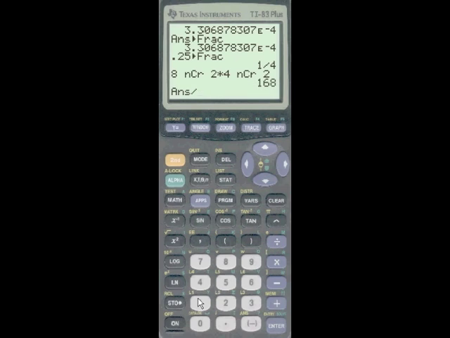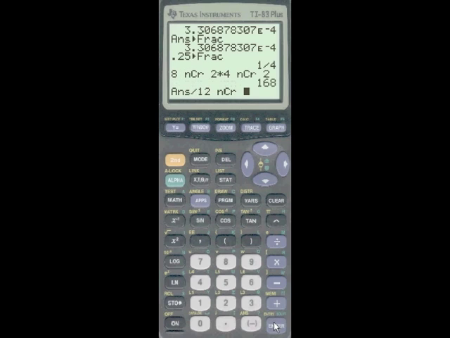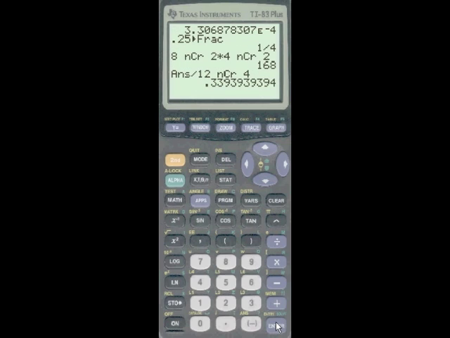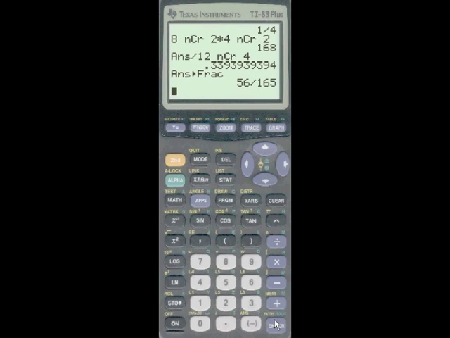And I'm going to divide that by the total number of pairs that I can choose. And in this case, actually I'm going to choose 4 socks from the total of 12, 2 pairs, and get 12C4 for my denominator. And notice that numerator divided by the denominator gives me a decimal value, which this time when I do the Math Frac will convert into 56 over 165, which is exactly the fraction representation for my probability.